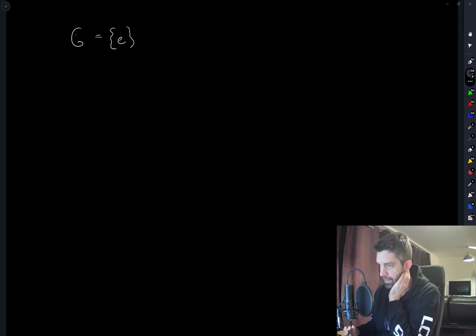Because then e just gets mapped to e. That's fine. But then, this is option B, and option C is that a is equal to e. But that'll also give a homomorphism.